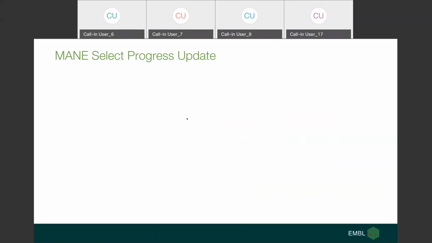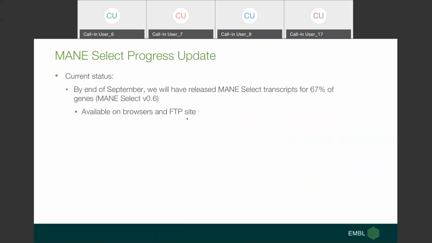So where are we now after reviewing and working for several months on this project? We are at the point that by the end of September, we will have released a select transcript for about 67% of genes. We are calling this the MANE Select version 0.6, and this will be available by the end of September.